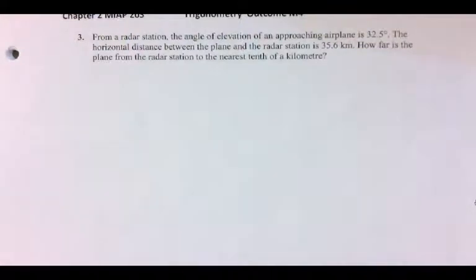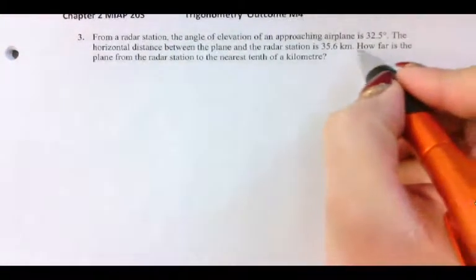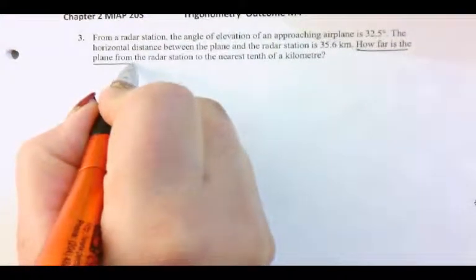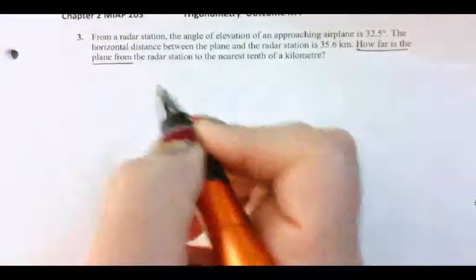So we need to draw the picture that is associated to this situation. Let's first read the situation a couple of times to make sure we know what we're looking for. And if I want to know what the question's asking, which sentence am I going to find it in? The last sentence. So let's see, it's asking for how far is the plane. So that means I'm going to be looking for a length or a distance.